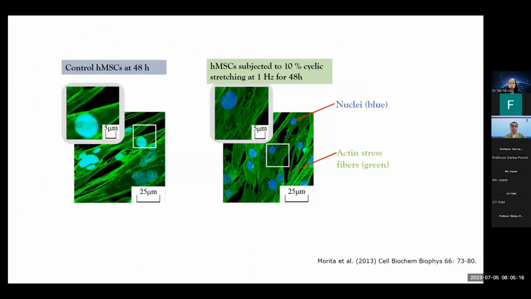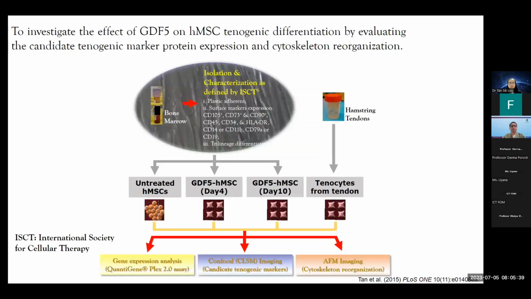There was also another group which at that time published on the effect of 10% cyclic stretching on mesenchymal stem cells, which showed upregulated phenotypic expression with the formation of stress fibers, as shown in the actin stain in this figure.